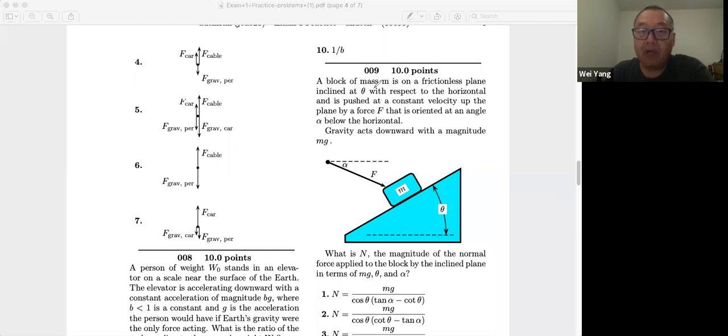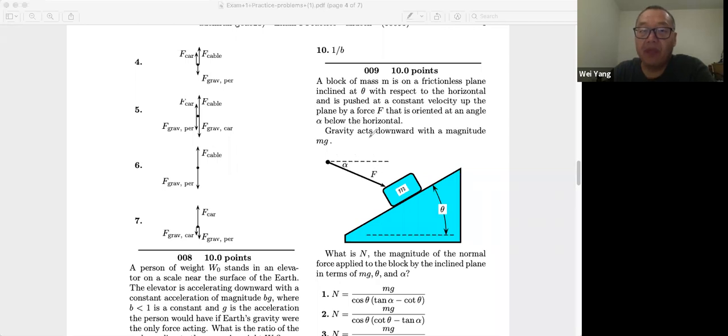Say a block of mass M is on a frictionless plane inclined at angle theta with respect to the horizontal and is pushed at a constant velocity up the plane by a force F that is oriented at an angle alpha below the horizontal.